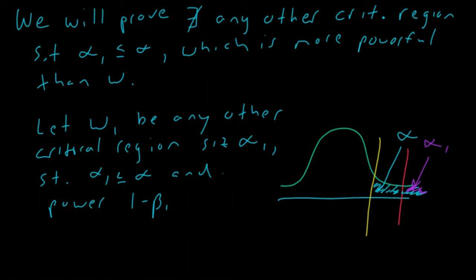So consider my graph here to the right, we have what would be our critical region just typically, and then critical point, and then let's call this critical point 1, such that we have alpha in this space and alpha 1 right here. And so we want to let W1 be any other critical region, so this will be our W1, such that alpha 1 is less than alpha, and our power is 1 minus beta 1.